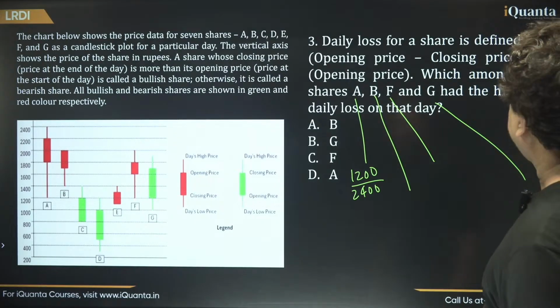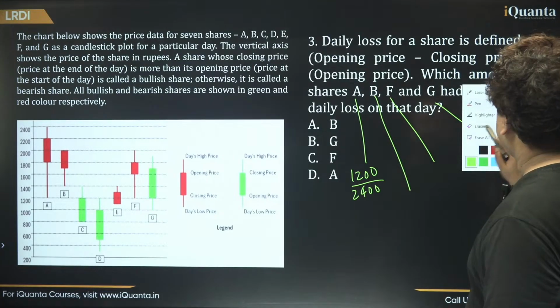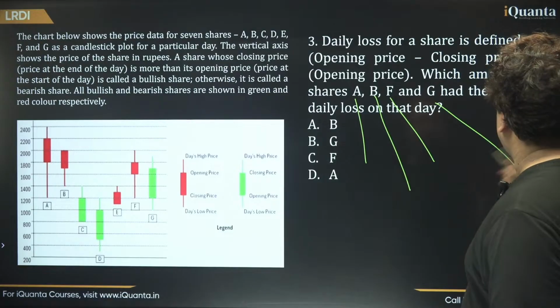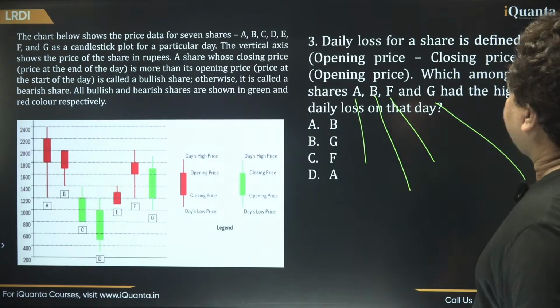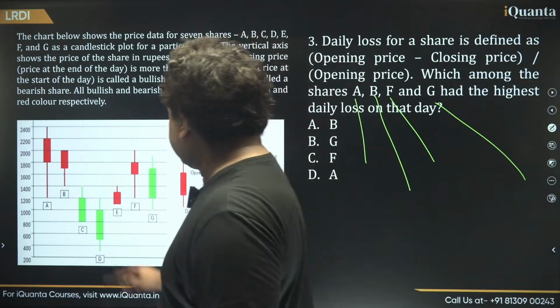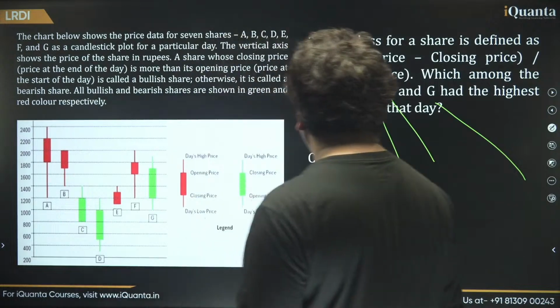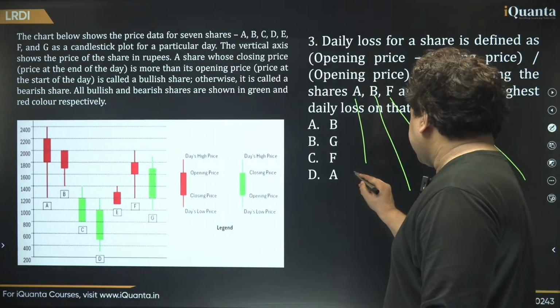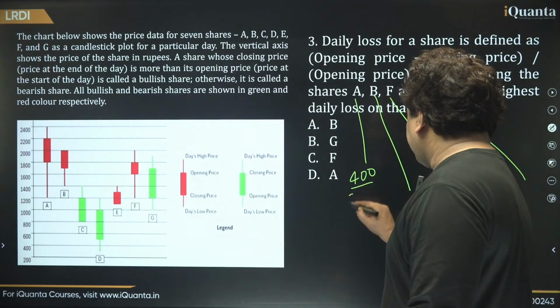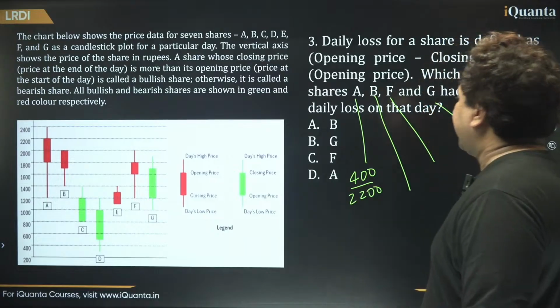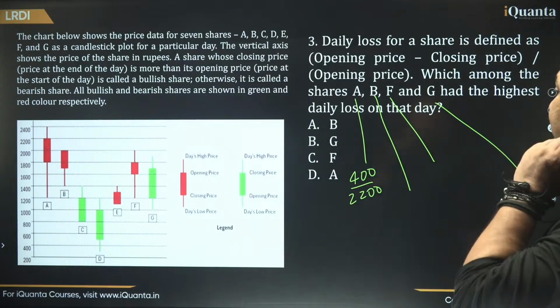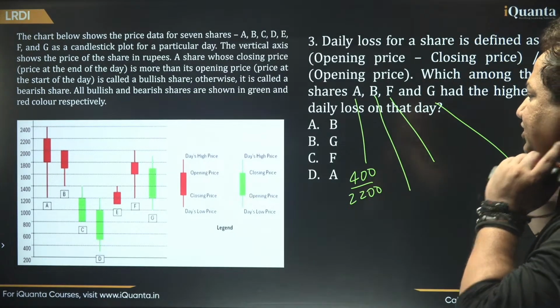ओके, कमिंग टू बी. मैंने गलत कैलकुलेट कर दिया. ओपनिंग माइनस क्लोजिंग. सो ओपनिंग हियर इज 2200, क्लोजिंग इज 1800. 2200 minus 1800 is 400 divided by 2200. That is what is for A. Then coming to B. B का opening price is how much? 2000.